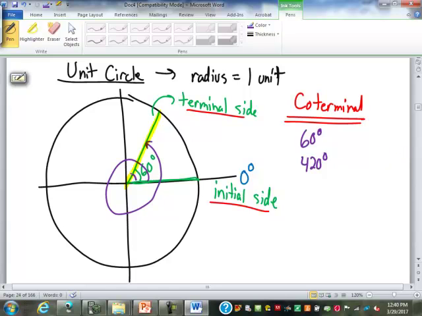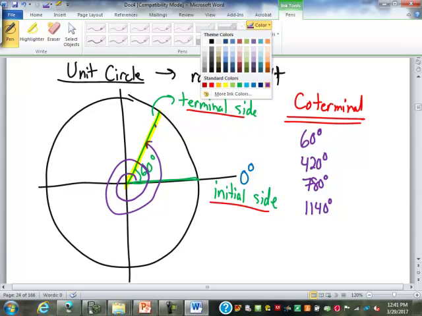Or it could be 2 complete turns, 720 degrees plus another 60. It could be 780 degrees. Or it could be 3 complete turns. We just keep going. Let's see, that would be 1140 degrees. It would be 3 complete turns plus 60. All of those angles will have a terminal side where that yellow line is.